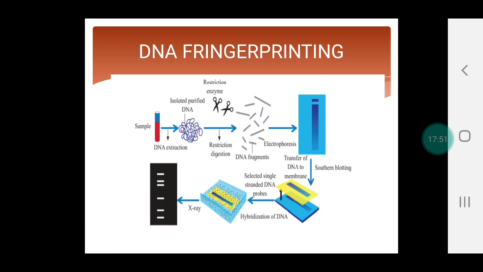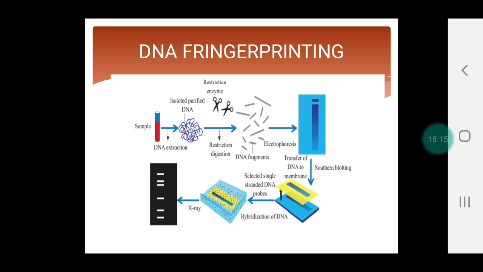So here in this slide you can see the process of DNA fingerprinting. First the sample is loaded, then DNA extraction is done, then isolated purified DNA is obtained, then with the help of restriction enzyme which cuts DNA at specific points, DNA fragments are obtained.